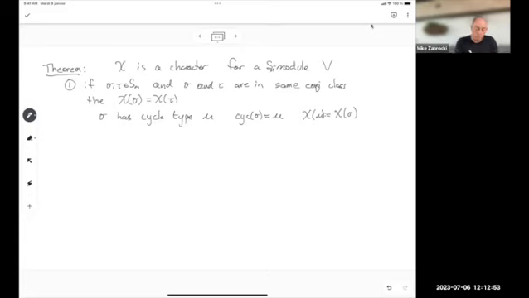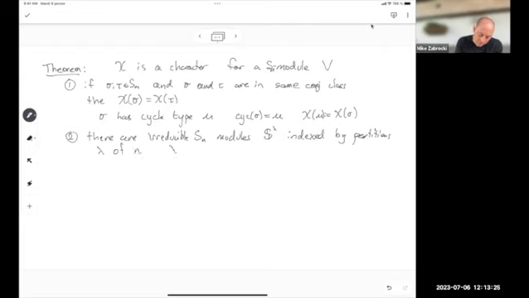Second, there are irreducible Sn modules, which we're going to denote S lambda, and they're indexed by partitions lambda of n.